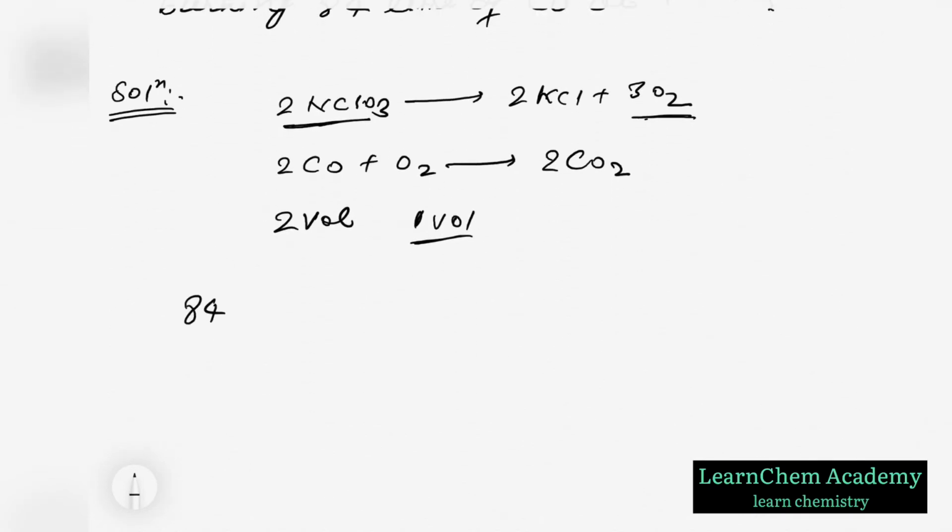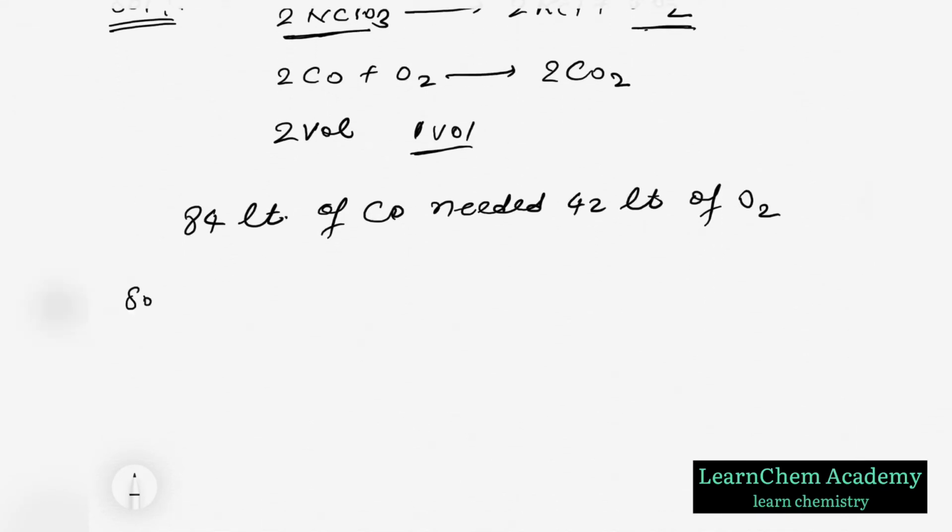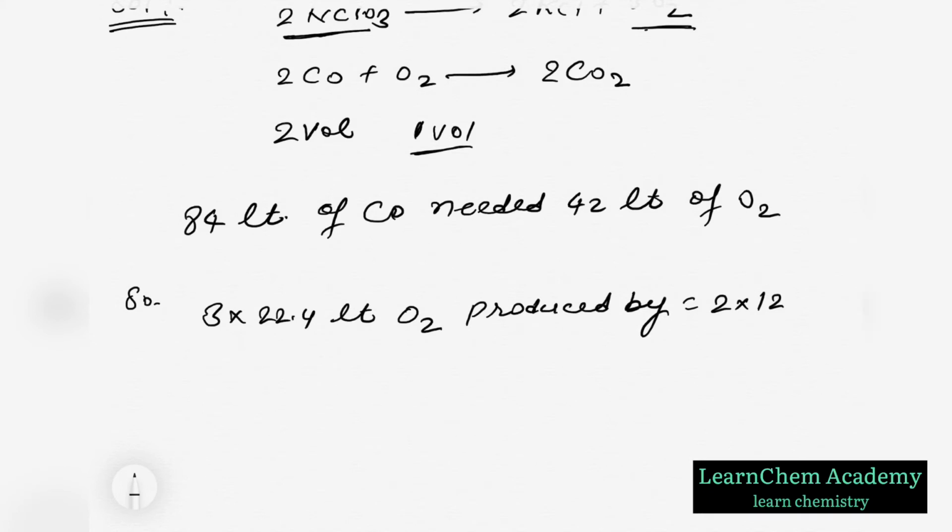So 84 liter of carbon monoxide needed 42 liter of oxygen. So 3 into 22.4 liter O2 is produced by 2 into 122.5 gram of KClO3.